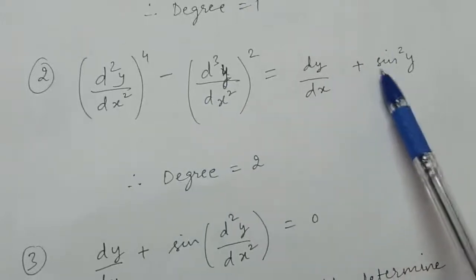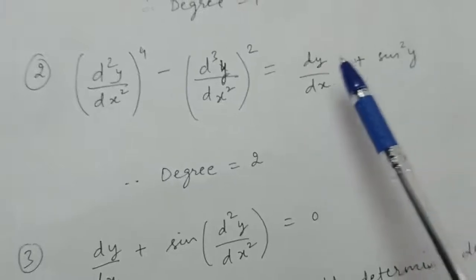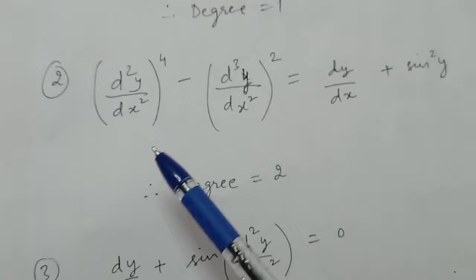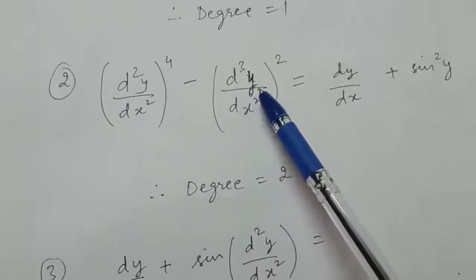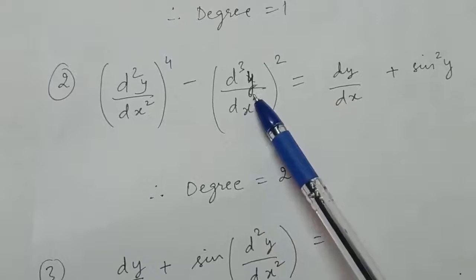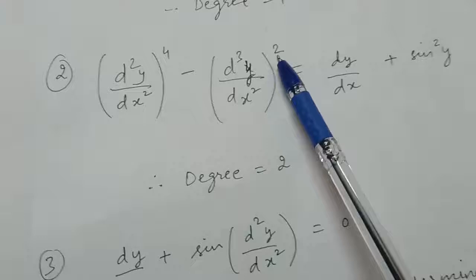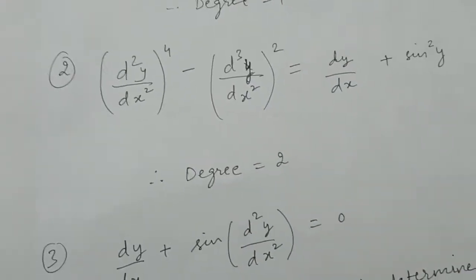If trigonometric functions exist here in terms of y, that is not a problem. So we can find degree of this equation also. Now highest order derivative in this differential equation is this third order derivative, and degree of this is 2. So degree of the differential equation will be 2.